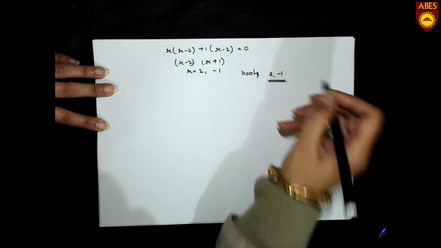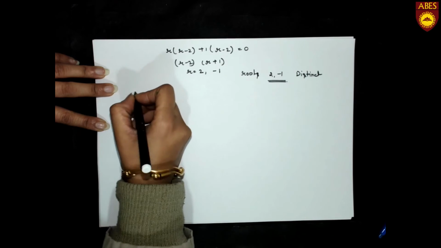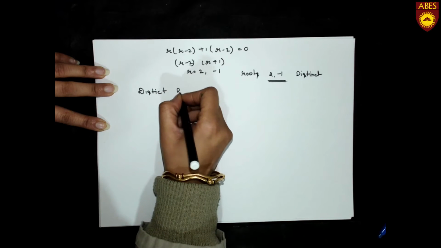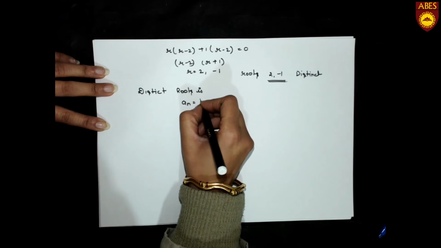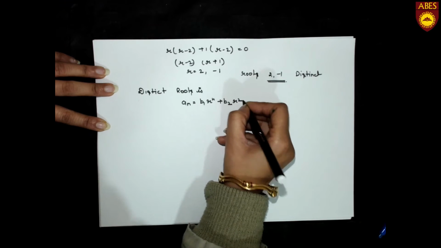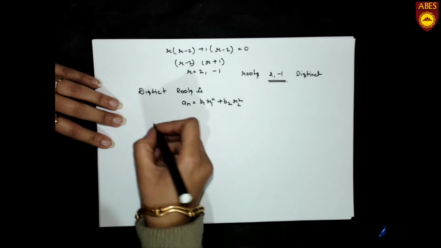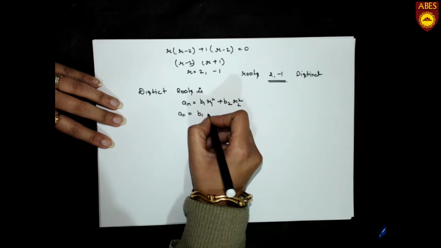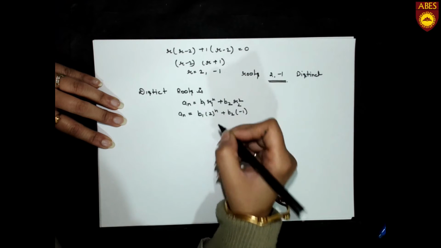Basically you can see the roots are distinct. So the formula for distinct roots is an is equal to b1 r1 to the power n plus b2 r2 to the power n. Now putting the roots in this equation, we will get b1 2 to the power n plus b2 minus 1 to the power n.